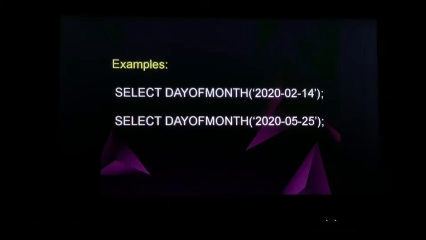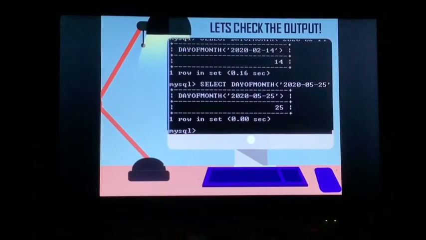Examples, SELECT DAYOFMONTH, that is 14th February 2020, and the other example I have taken is 25th May 2020. So let's see what happens in MySQL. In the first example, it is extracting the number 14, that is the day, and in the second, 25th is the day, so 25 is extracted.